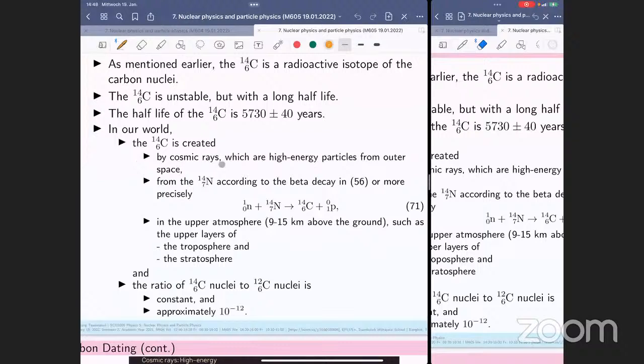What is a cosmic ray? It is a big particle, like an alpha particle too, but also full of neutrons and other stuff, high energy particles from outer space. We cannot do anything about it. That happens in nature.